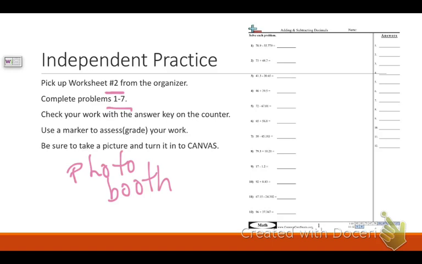Okay? Now it's important that you realize that taking the notes and doing the homework, or doing the assignment and the exit ticket, you have to have that done today or tomorrow. Alright, and we've already talked about that.